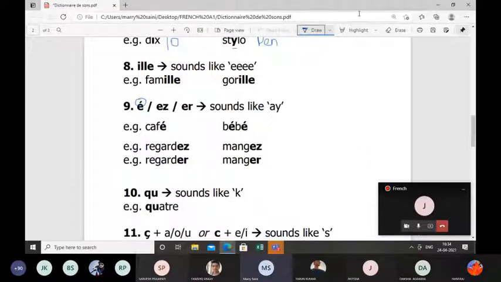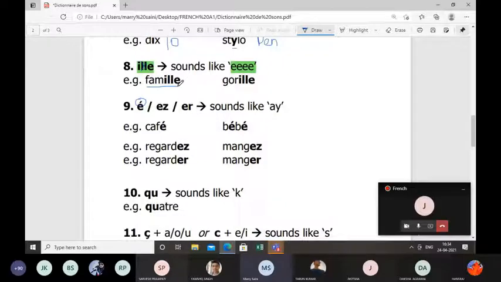Okay, the next sound that we are having here is with "ille". Whenever in a word you are having "ille", the sound that we are having is "ee". We do not pronounce this double L in French, so the sound will become "ee", like "famille".